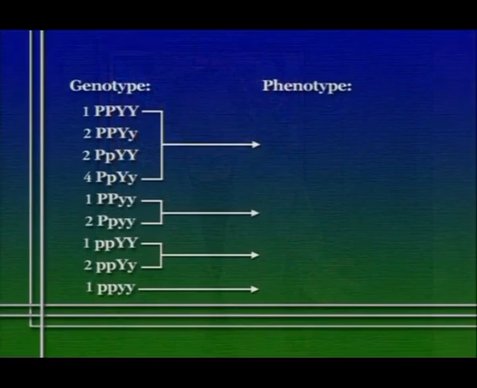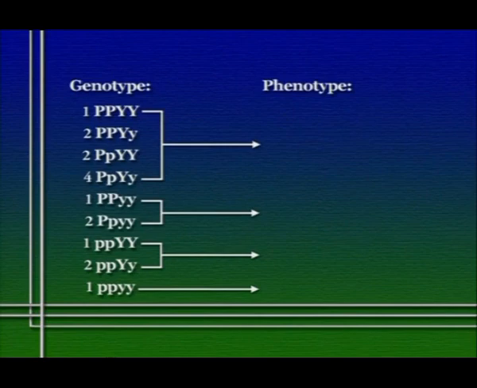For example, let me try to make this clear by giving you some specific numbers. If you had two genes on different chromosomes and you did a dihybrid cross, such as we did with flower color and seed color, and you sampled some individuals in the F2 generation, let's say about 160 individuals, you'd expect a 9 to 3 to 3 to 1 ratio.